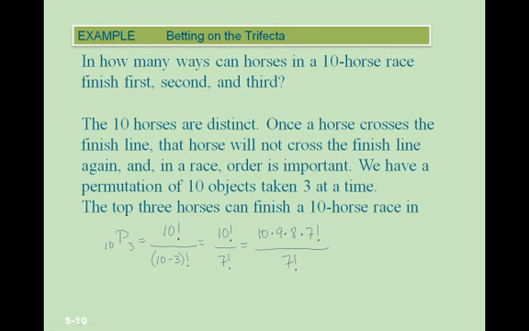Technically I could have continued on to do 7 times 6 times 5 times 4 times 3 times 2 times 1. But notice that I have 7 factorial in the numerator and 7 factorial in the denominator. Because I'm multiplying, I can cancel these 2 values, and I end up with just 10 times 9 times 8, or 720 ways.